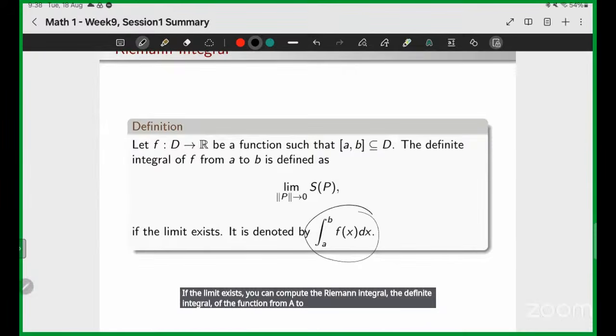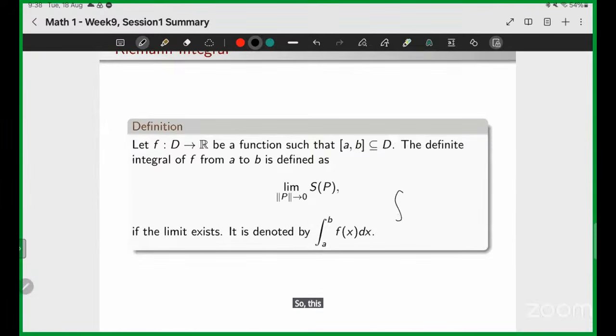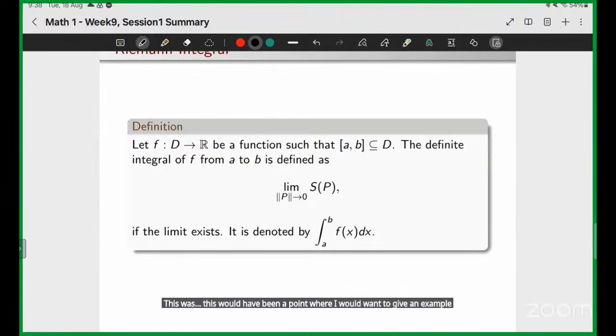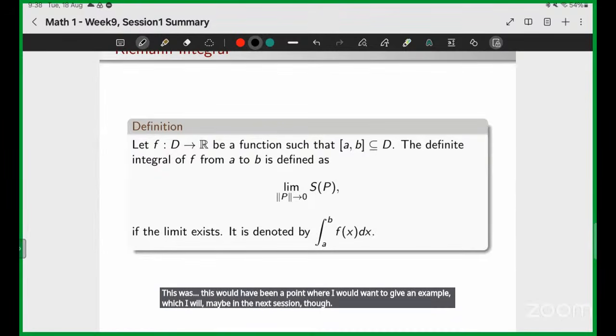So this is the notation, the integral of the function f from a to b. This is how you have to interpret it. That limit is called the definite Riemann integral. This would have been a point where I would want to give an example, which I will maybe in the next session. Let's get through the theory first.